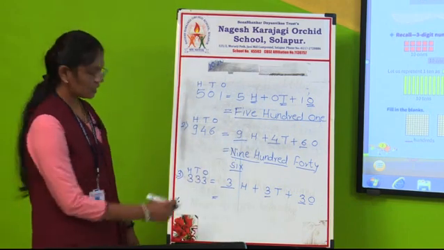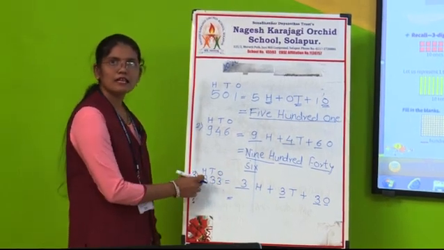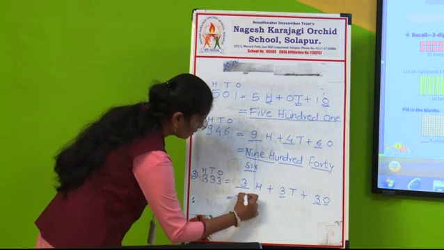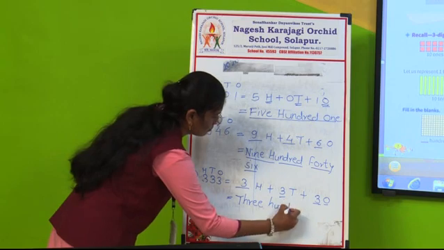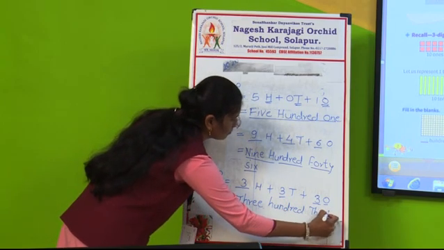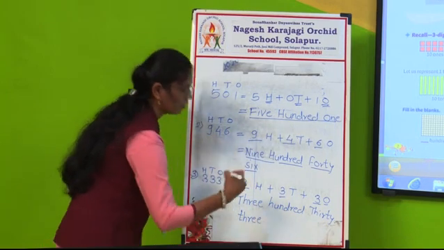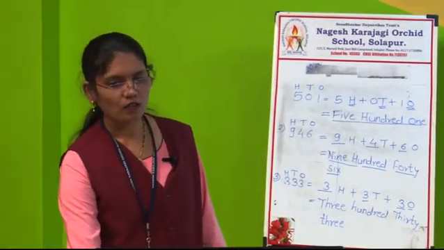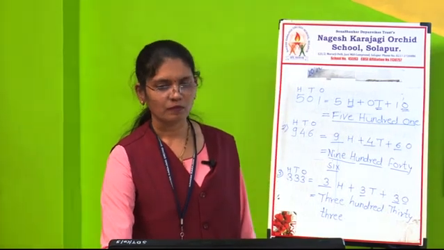So the number is 300, 3 tens and 3 ones, which means 333. So let us write 333. Okay, understood? Now this fourth example you have to solve on your own.